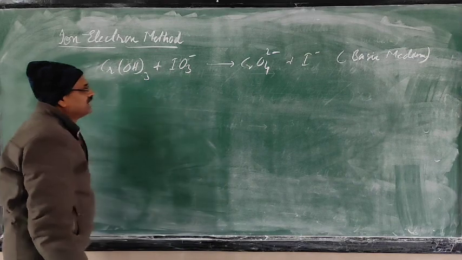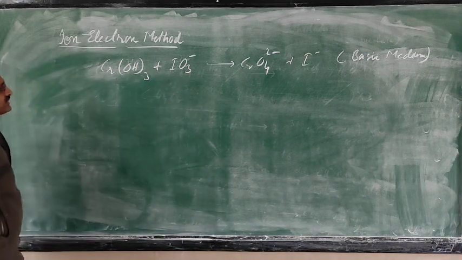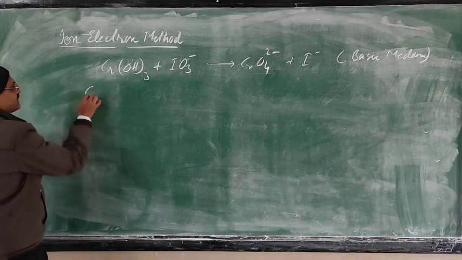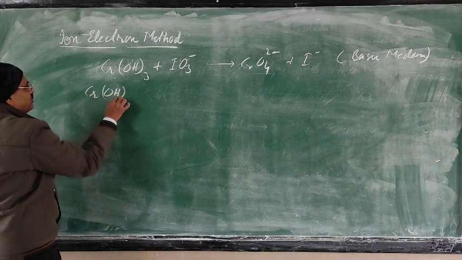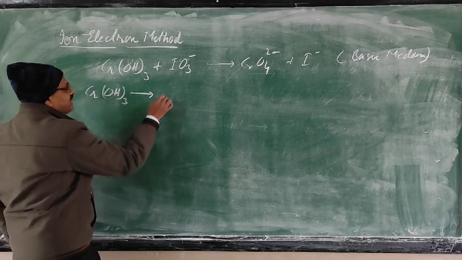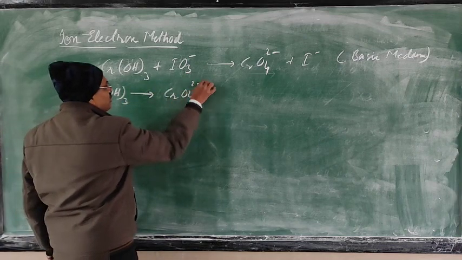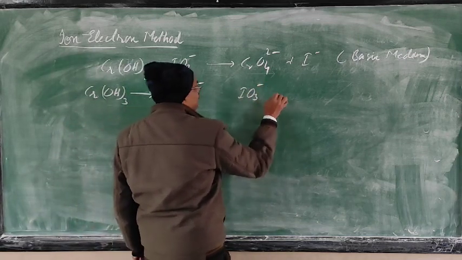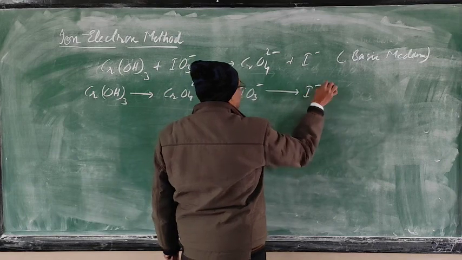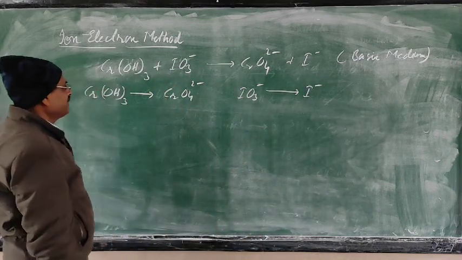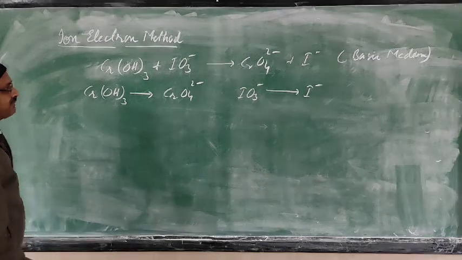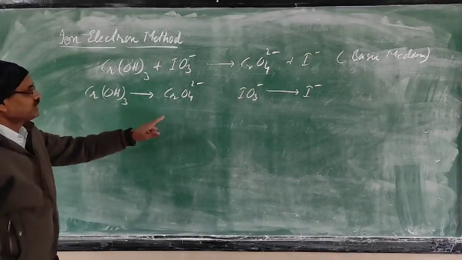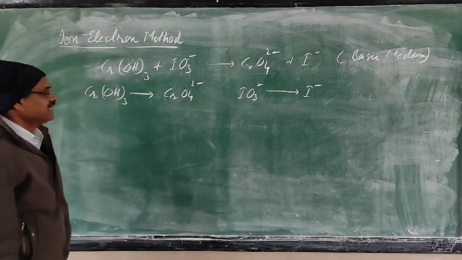First of all, split the equation into two redox reactions, oxidation and reduction. So Cr(OH)3 gives CrO4 2 minus, and IO3 negative gives I negative. First point, balance all the atoms except hydrogen and oxygen. Chromium is 1 and iodine is already balanced.